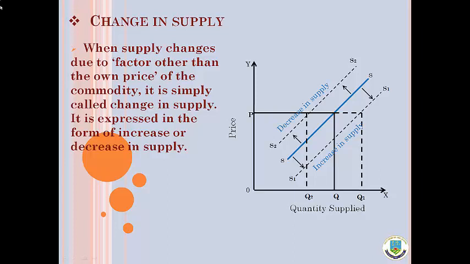So here, price remains constant. Price does not change, but supply changes due to other factors like changes in prices of inputs, or changes in the prices of related goods, or changes in the taxes, increase or decrease in taxes, and so on.